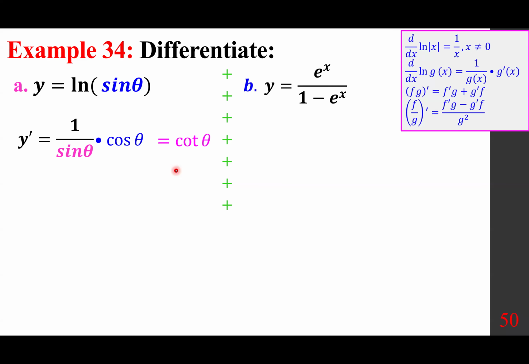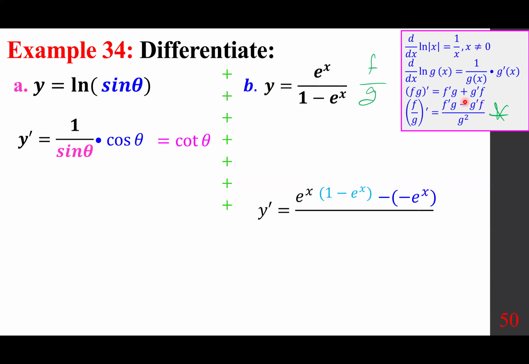Reminding you of what we have done before, it is using the quotient rule. So we're going to write this as f over g and go with this. So f prime is just the numerator times g, the denominator, minus g prime, the derivative of the denominator, is this part, minus e to the power of x.